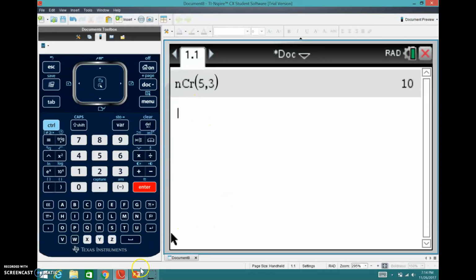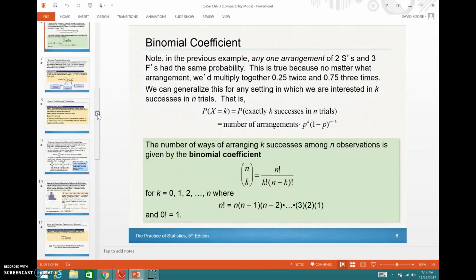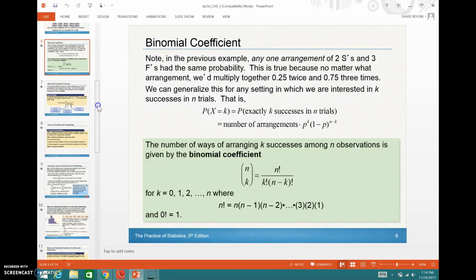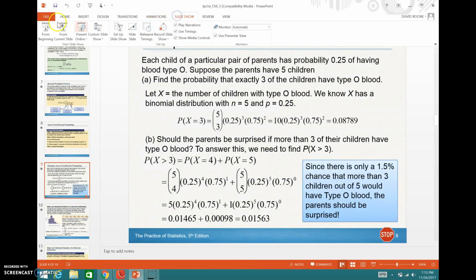So that's one way of calculating this part, not having to work it all out by hand, but it's neat to see how it works by hand.